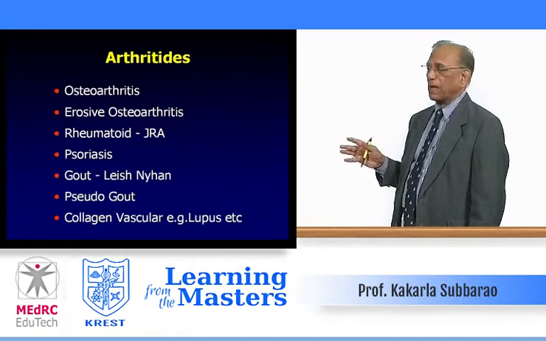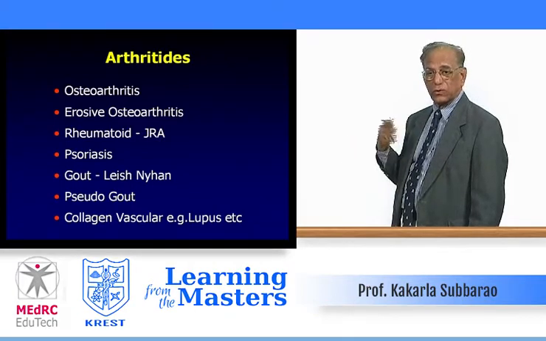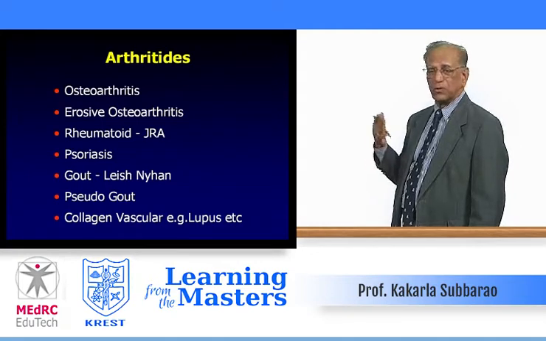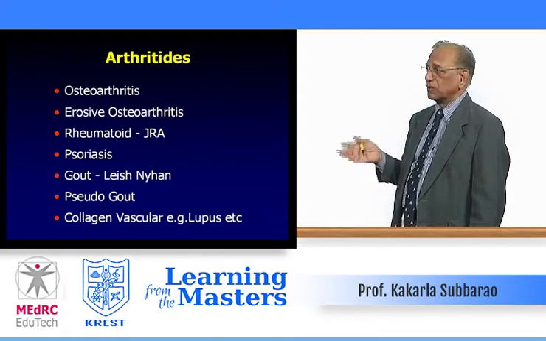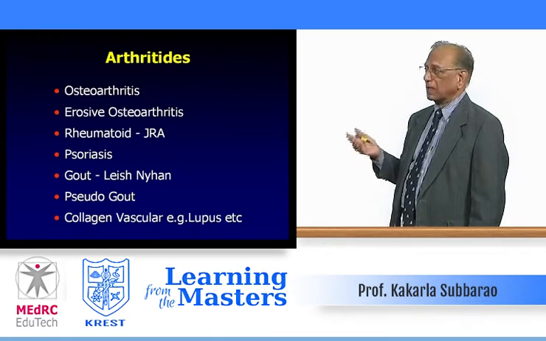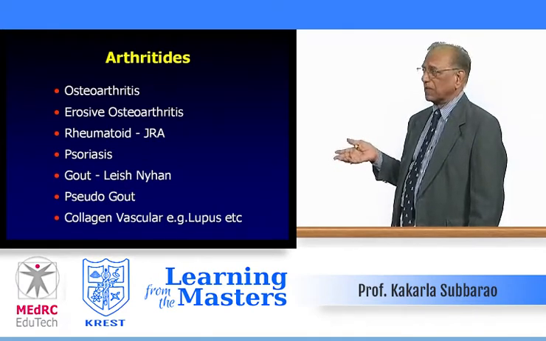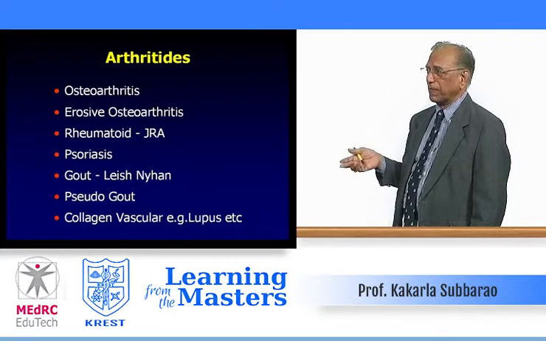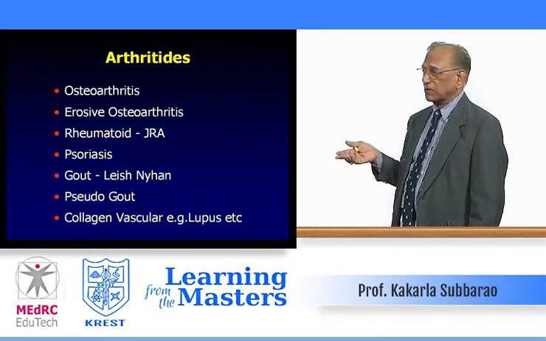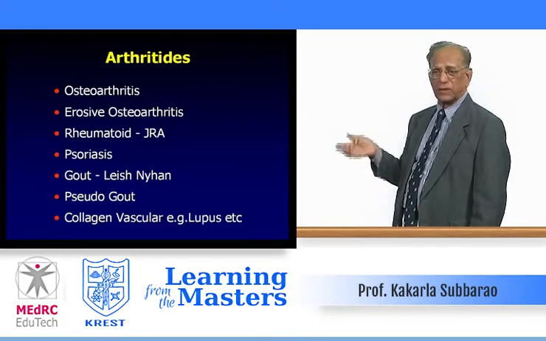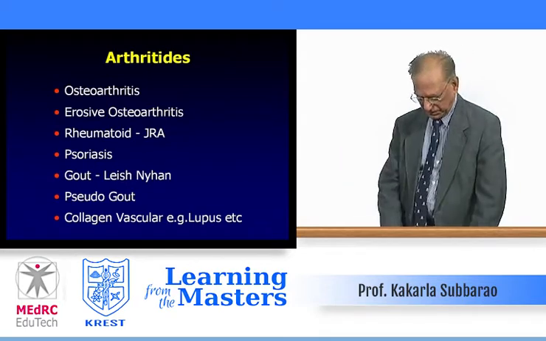Osteoarthritis, and a type of osteoarthritis is the erosive type of osteoarthritis, rheumatoid arthritis, including juvenile rheumatoid arthritis, psoriasis, gout, and in children, congenital type of gout, Lesch-Nyhan disorder, pseudogout or chondrocalcinosis, and collagen vascular disorders such as lupus and mixed connective tissue disorders.